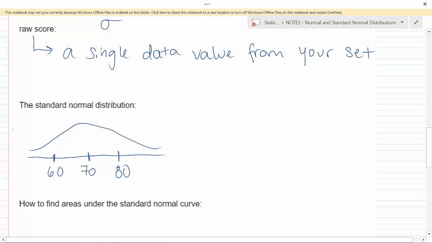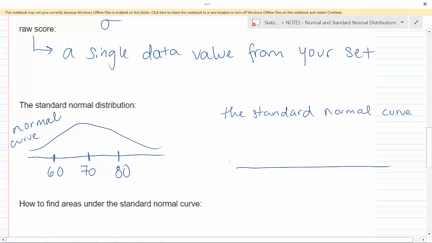So this is just a regular normal curve. The standard normal distribution, or the standard normal curve, standardizes any other normal curve, like the one I just drew, and changes it so that our horizontal axis is not in raw scores, but is in z-scores instead.